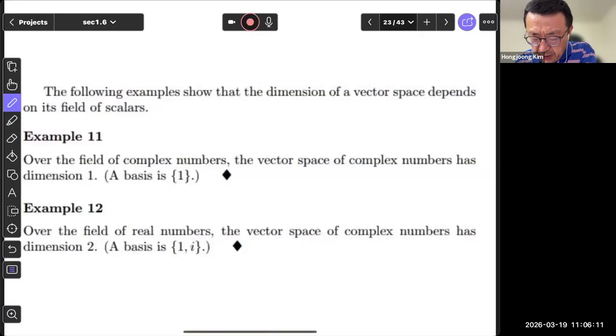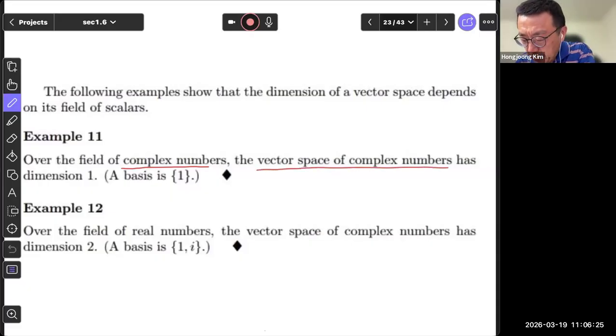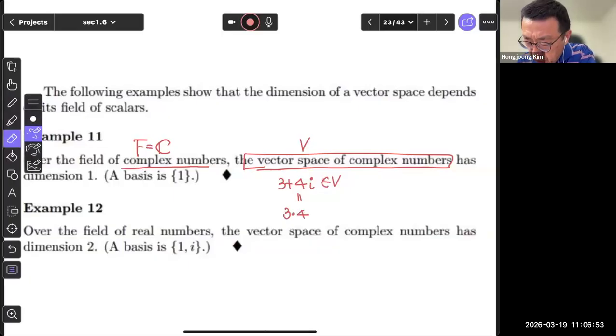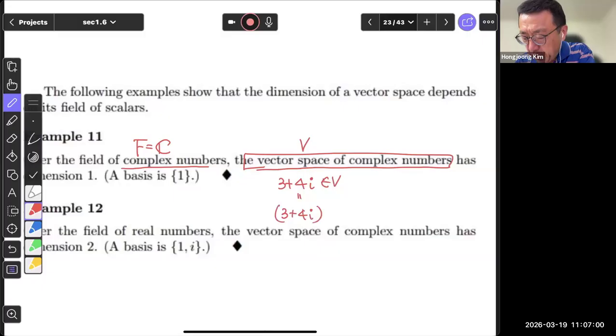So when I consider the vector space of complex numbers, this is my V. If the scalar field is C, then any complex number, say 3 plus 4i in V space, can be written as 3 plus 4i times 1.